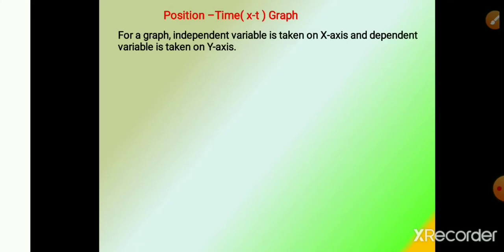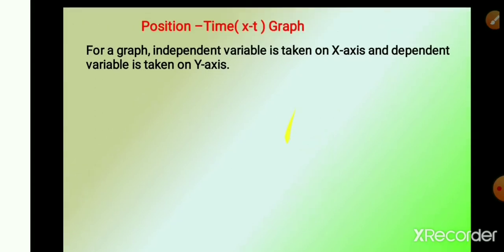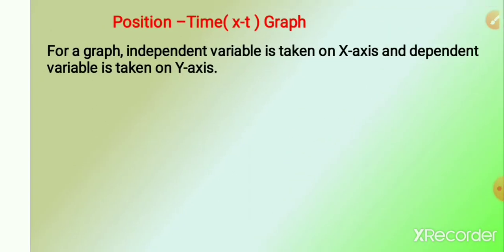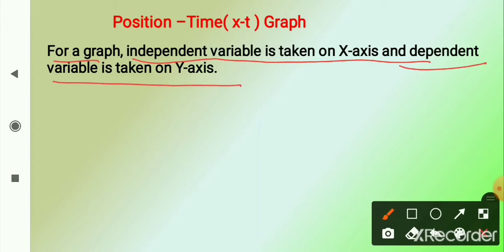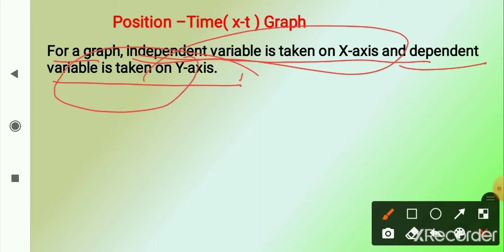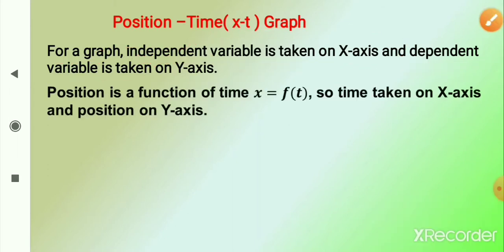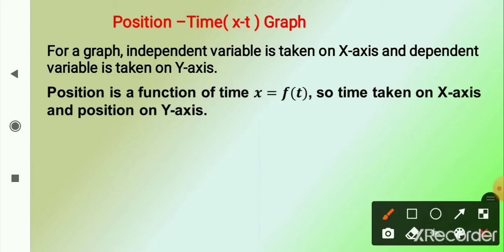So position time graph. Now there are certain rules or conventions that we follow. So for a graph, independent variable is taken on x-axis and dependent variable is taken on y-axis. तो जो भी independent variable है वो x-axis पर और dependent variable को लेते हैं y-axis पर. Now, position is a function of time.